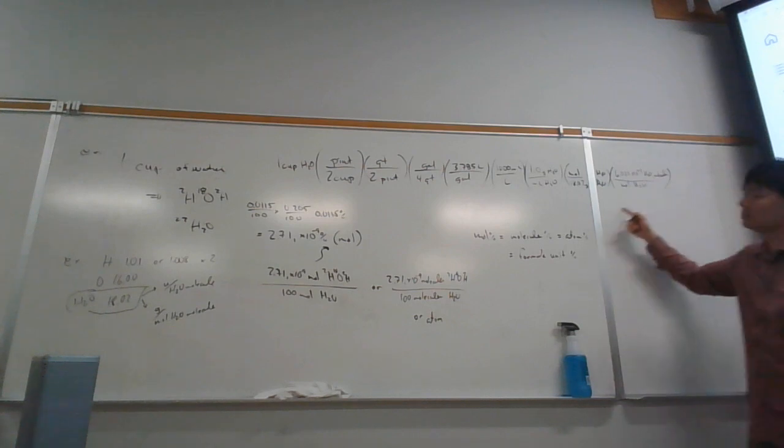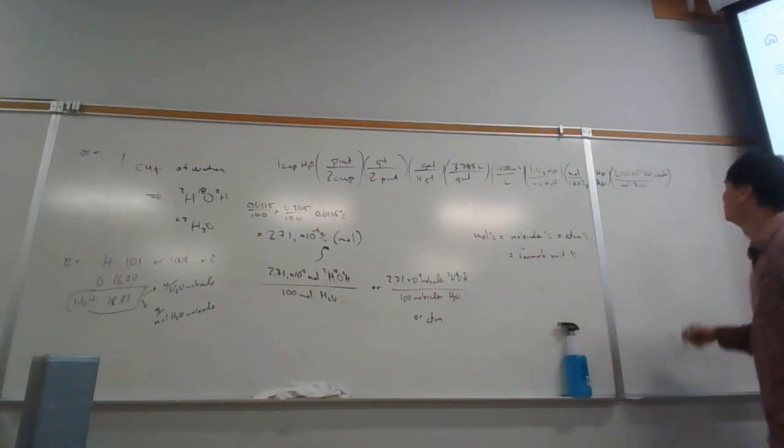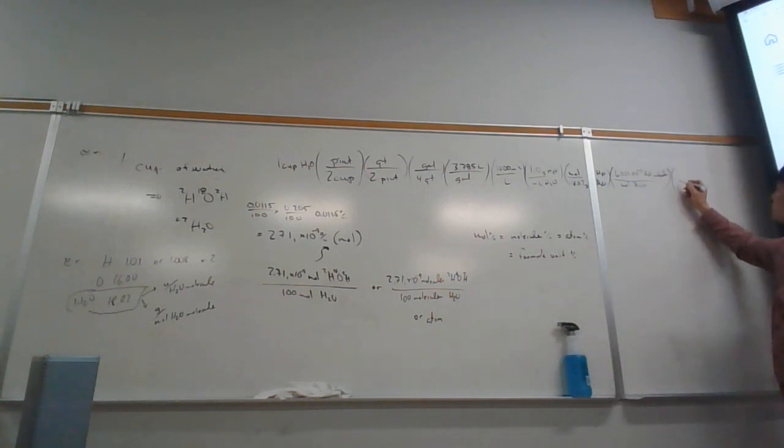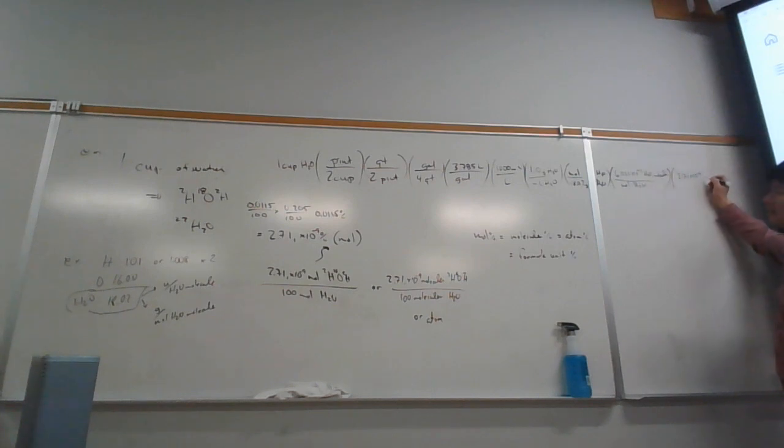Okay, now we'll just use the molecule percent here. And that is, we're going to have 2.71 times 10 to the minus 9 molecules of H2O18H2 per 100 molecules of H2O.